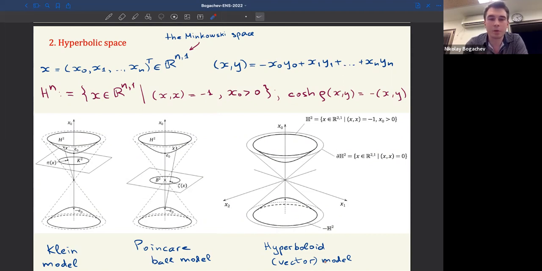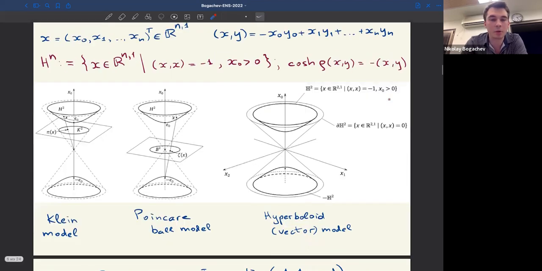We have the Minkowski space R^{n,1} equipped with a symmetric bilinear form of signature (n,1), and then Hn is the upper half sheet of the hyperboloid. We can see it in the picture here, and the hyperbolic metric in this model is given by this equation. There are actually several other models: the Klein model, the Poincaré model, and also the upper half-space model.